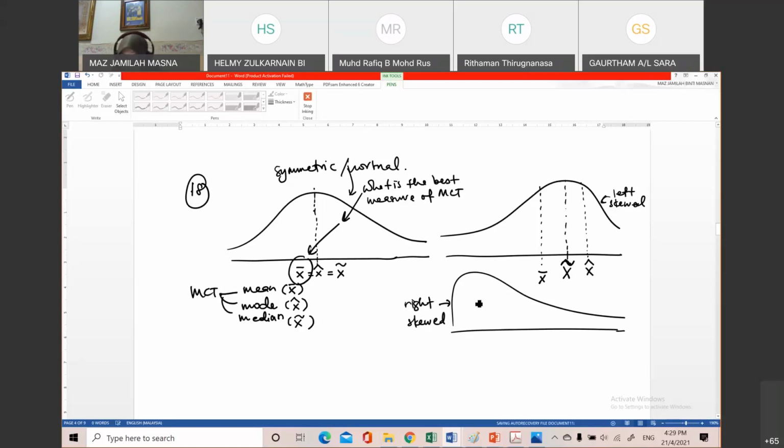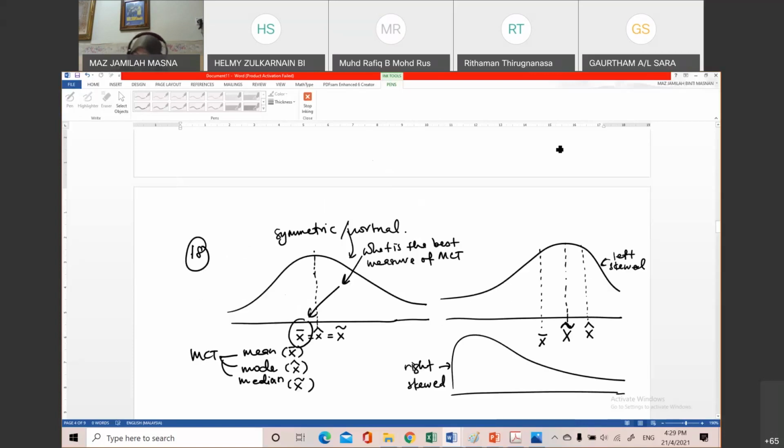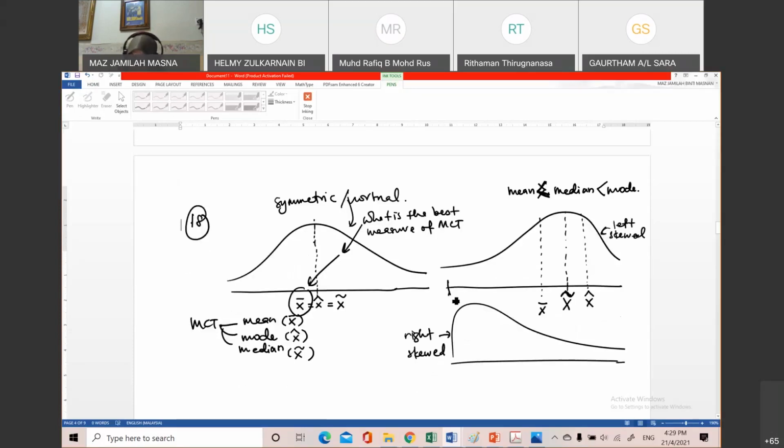Okay, so left skewed data means that your measure of central tendency will have different values where the mean is smaller than the median, and the median is smaller than the mode. How do I know? Imagine this is your x-axis, this is 0, from 0 until certain value. Of course, as you go along the x-axis, the value will be increasing. So that's why we say mean will always be smaller than the median, and the median will always be smaller than the mode for left skewed data.